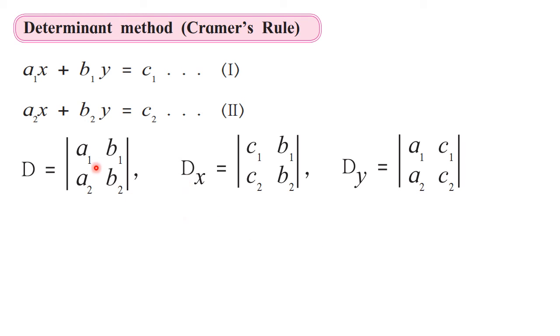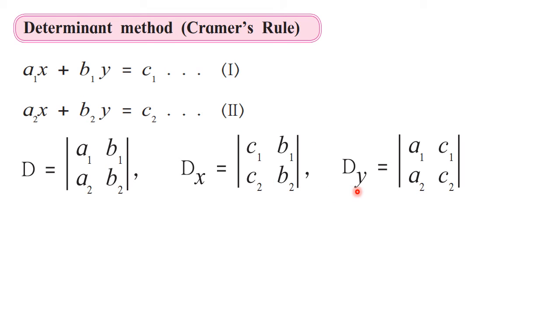See here. When we are writing dx, we are not considering the coefficients of x. So we are replacing the coefficients of x by the constants c1 and c2. And the coefficients of y, that means column 2, stay as they are. From here only you are going to copy.